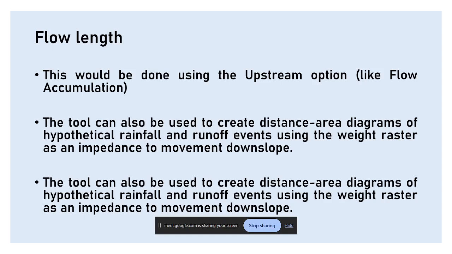And also this tool can be used to create the distance area diagram of hypothetical rainfall and runoff events using a weight raster as an impedance to the movement of the flow.